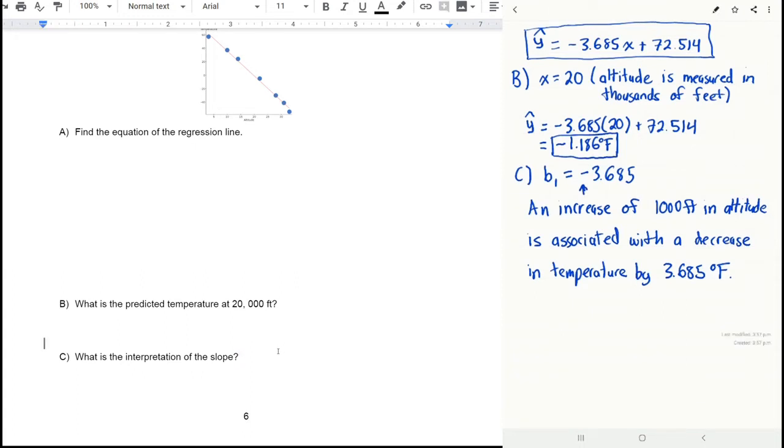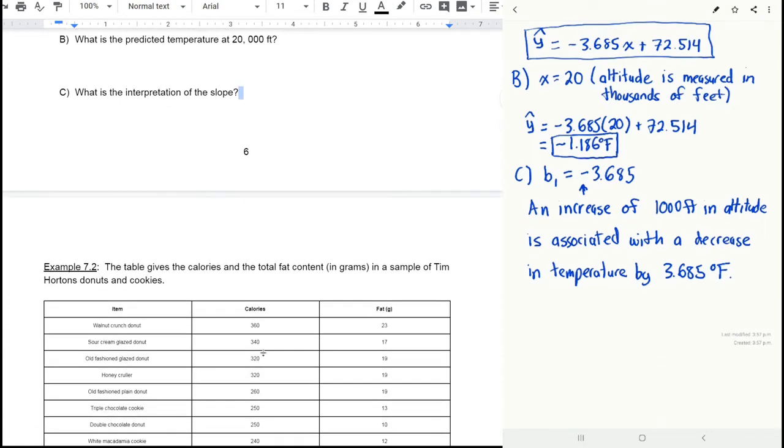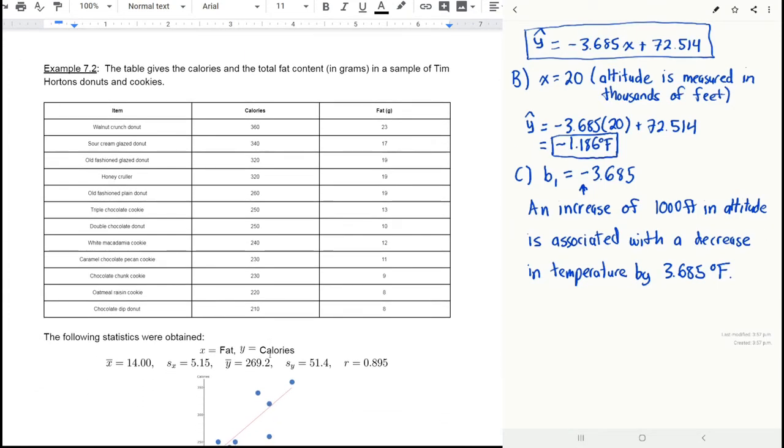All right, so let's have a look at another example. So here we have a table of the calories and the total fat content in grams in a sample of Tim Hortons donuts and cookies. Okay, so here we have the following statistics.